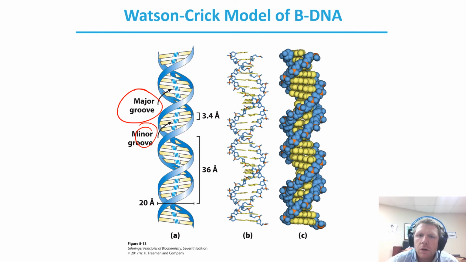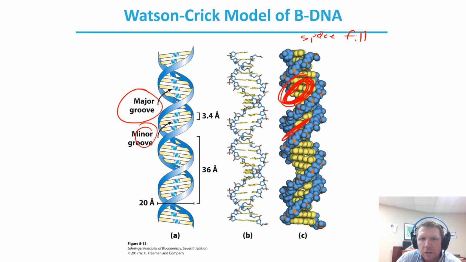If you look here on this space-filled model, you might get a better glance of that major groove, which is right there, compared to the minor groove right there. So this is B-DNA, and these are the spatial features of it.